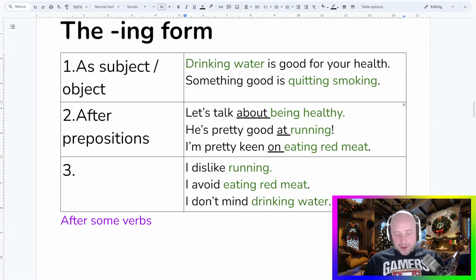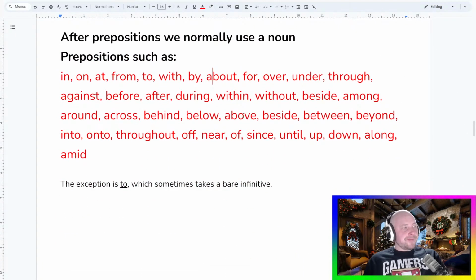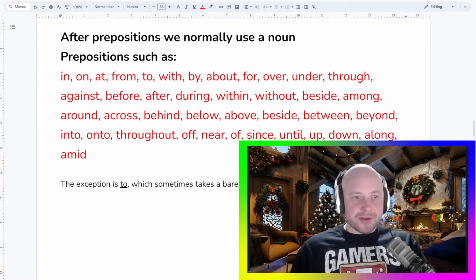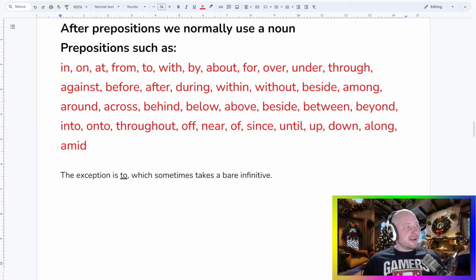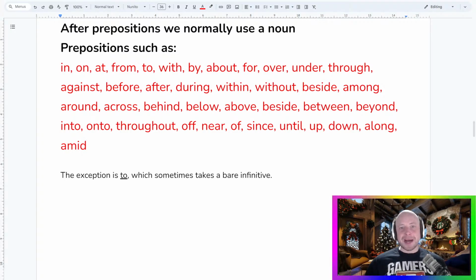And hey, while we're here, why don't we have a little look at a list of prepositions? So you can see there a whole bunch of prepositions in case you're not sure what prepositions are. They are words like in, on, at, from, to, with, by, about, for, over, under, through, against, before, after, during, within, without, among, around, across, behind, below, above, between, beyond, into, onto, throughout, off, near, of, since, until, up, down, along, and amid.